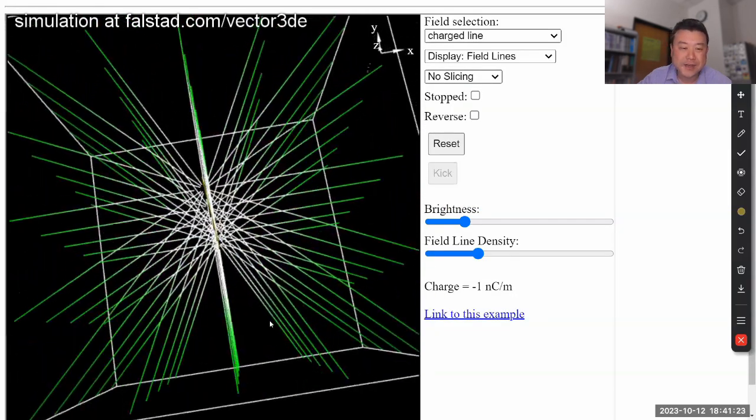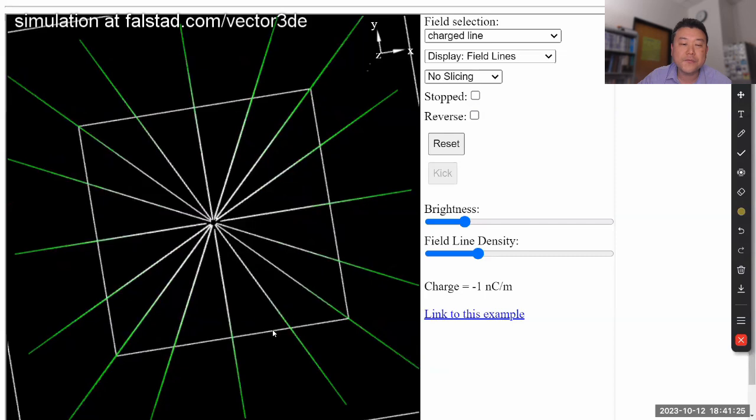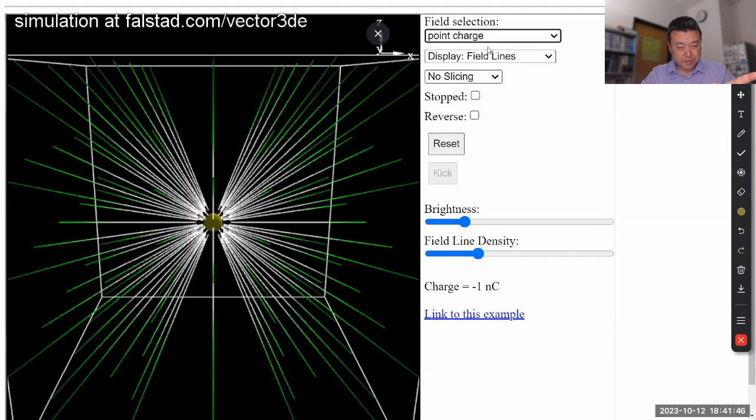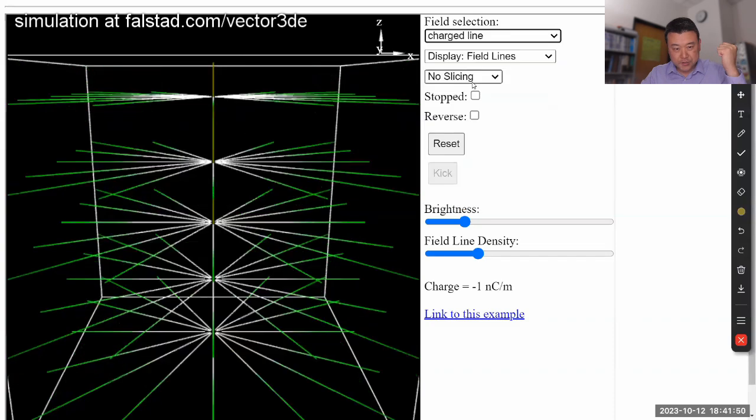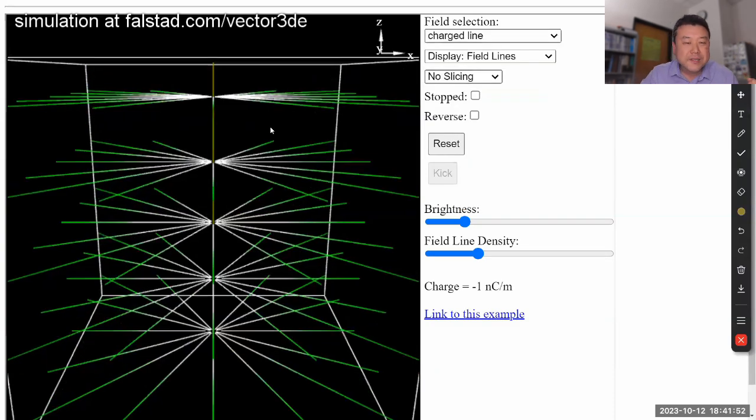So with the charged lines, if you look at it from one perspective, where you can imagine the line coming towards you, or going away from you, then the electric field lines look like the field lines of a point charge instead of the charged line. Oh wait, it resets the view each time.